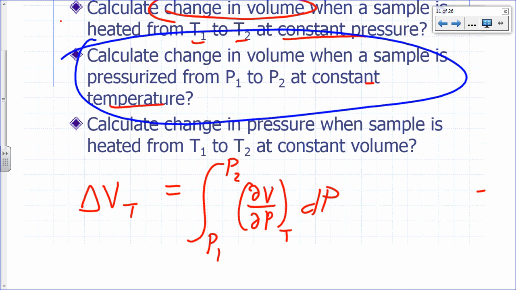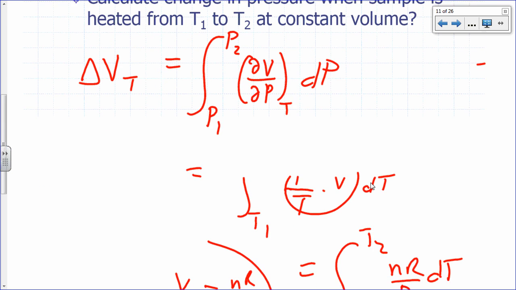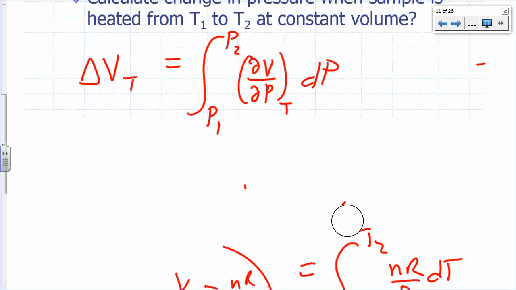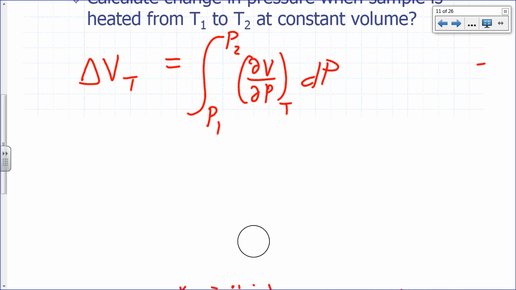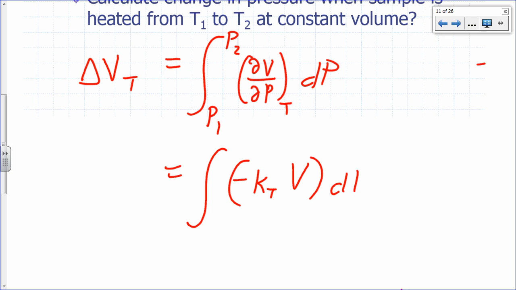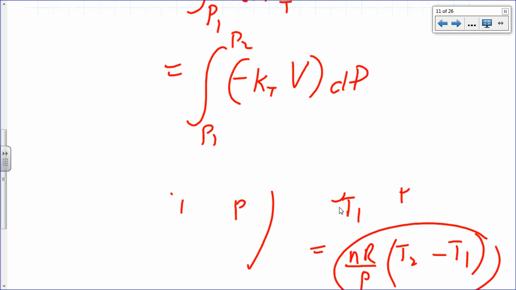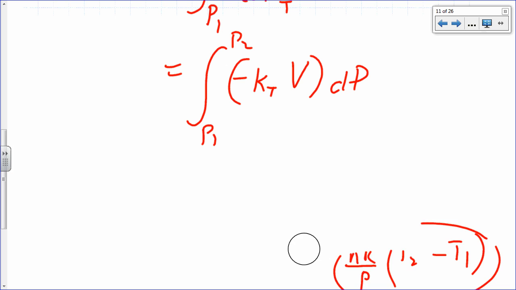And we know that this is just negative kappa sub T times volume, right? dP from P1 to P2. And in the case of an ideal gas, what would it be?